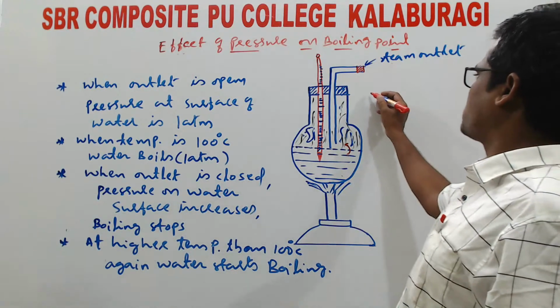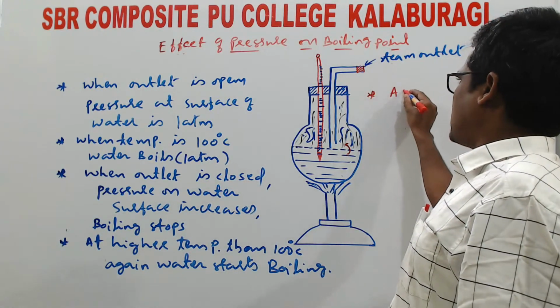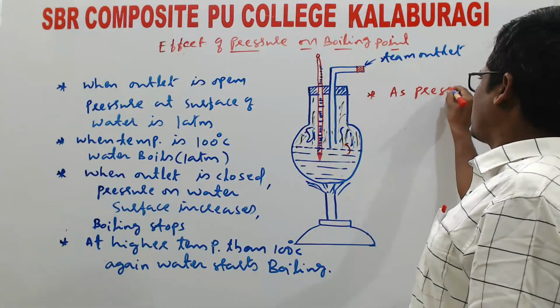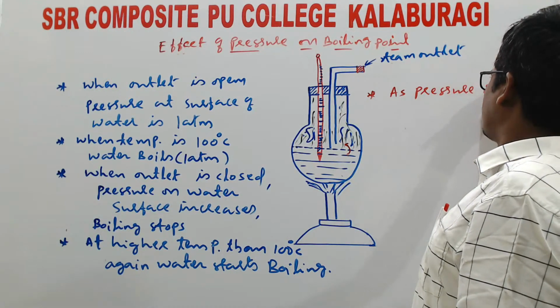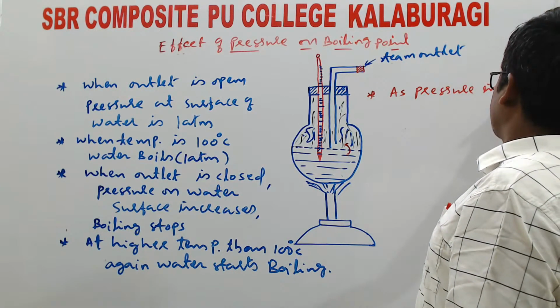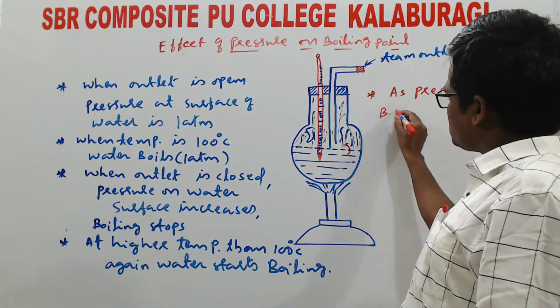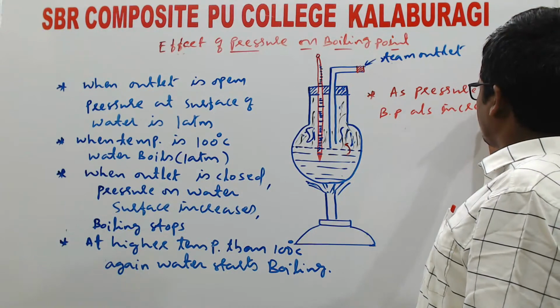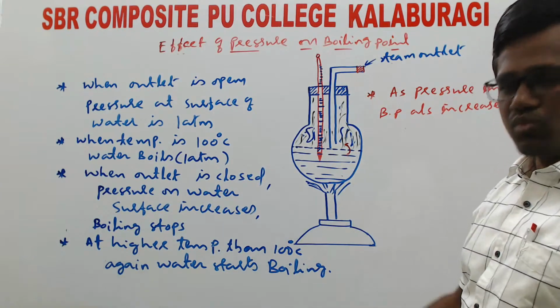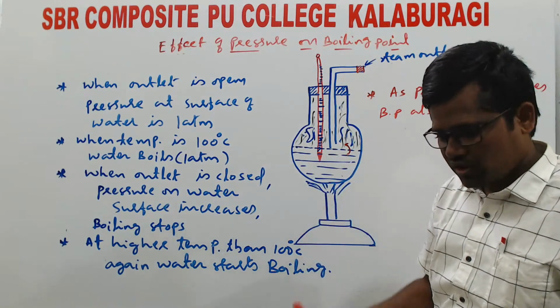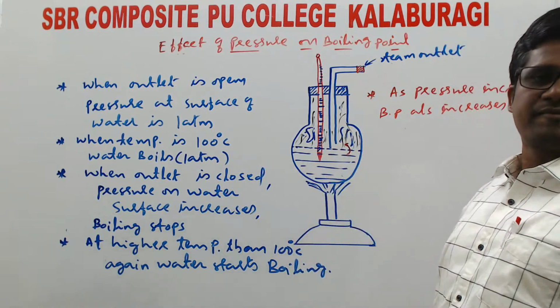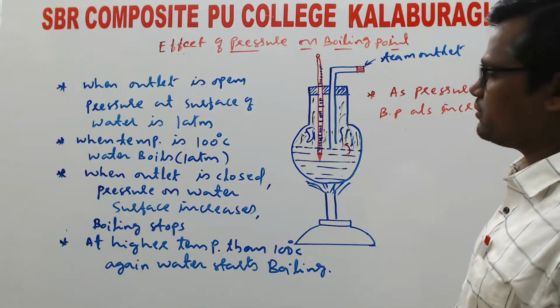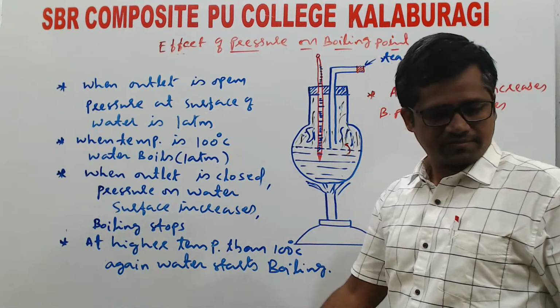What is the conclusion I can make here? As pressure increases, boiling point also increases. The more the pressure, if you want to boil, you have to increase the temperature, right? Okay, this is one point.